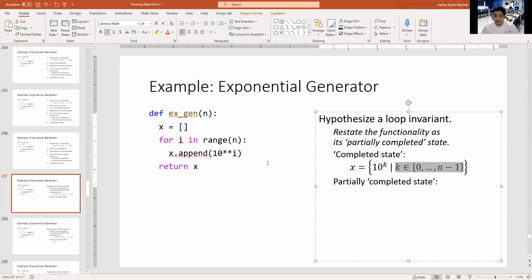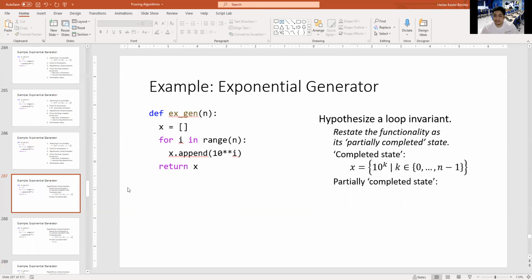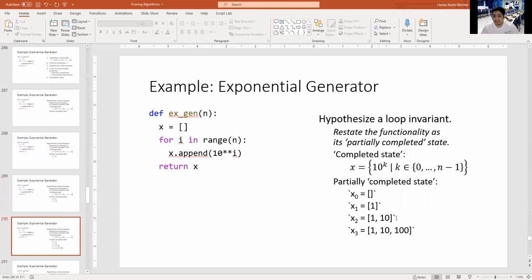So, what is the partially completed state of this? Let's look at the contents of x per iteration of the loop. At the 0th iteration, x has no contents. At the first iteration, it contains only 1. At the second iteration, 1 and 10. At the third iteration, 1 up to 100.